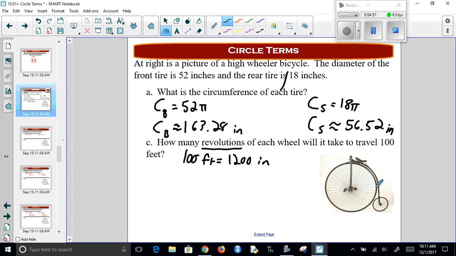So if one rotation around goes 163.28 inches, the big will have this divided by that, because if this is one trip around, we want to see how many trips around in 1,200 inches. And if you divide those, you get 7.35-ish revolutions.